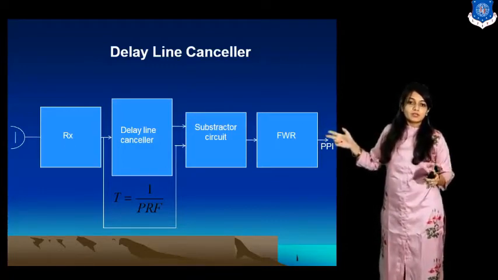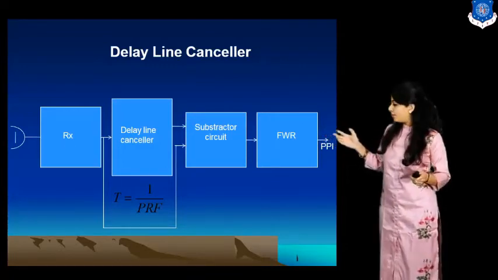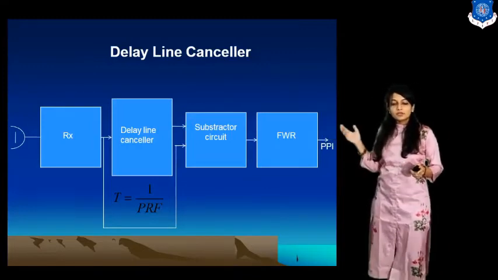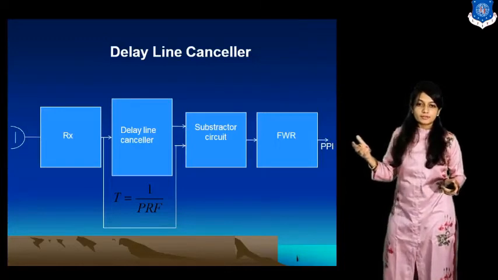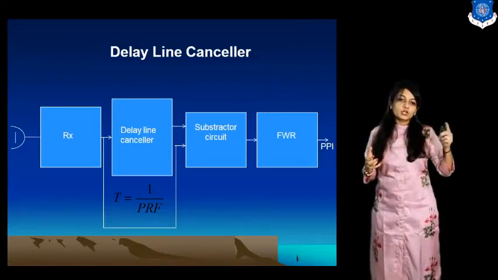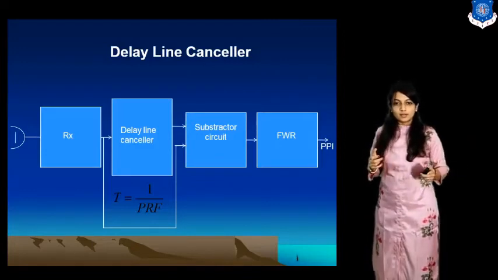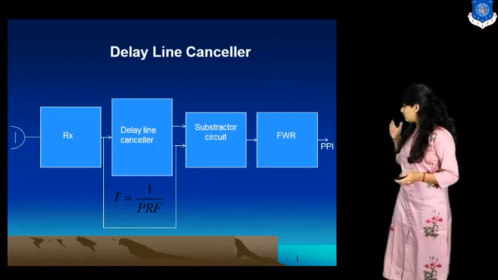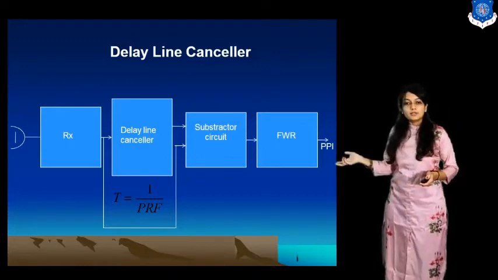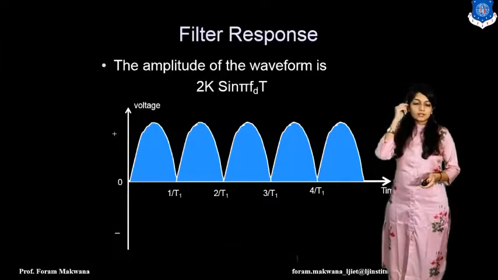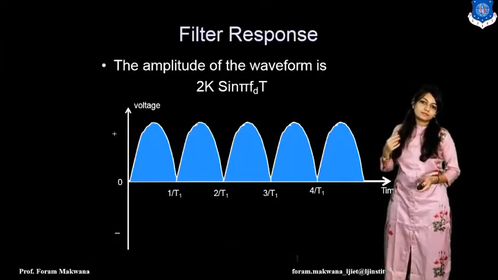But our concern is to get a unipolar signal, and for that we are going to use the full wave rectifier. Okay? So the function of the full wave rectifier is to get only a unipolar signal. Alright? And that signal is going to be displayed on the plan position indicator on the display. Okay? So what is the response of that filter?